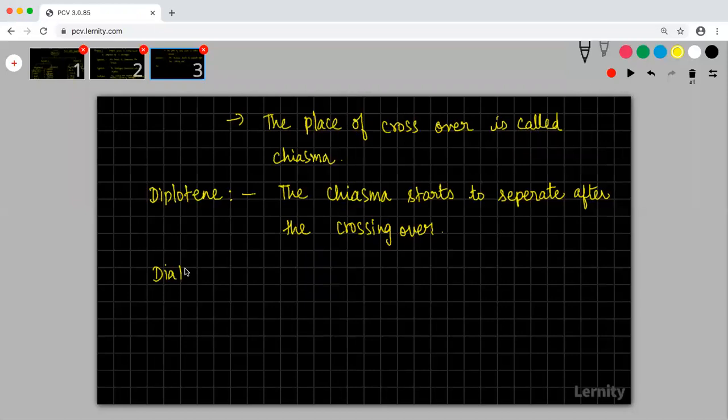And diakinesis: the chromosomes separate after the crossover.